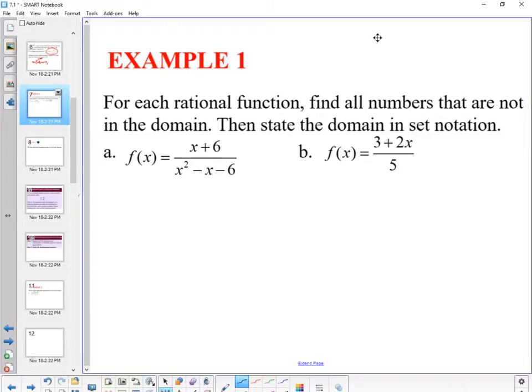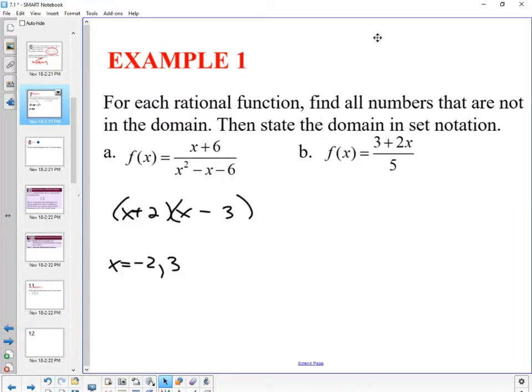But if I factor it, 2 and 3, this would be negative, this would be positive, right? So we're bringing in what we did before. Here's what I know. X cannot be negative 2, and it cannot be positive 3. Those are the 2 numbers that would make this denominator 0.